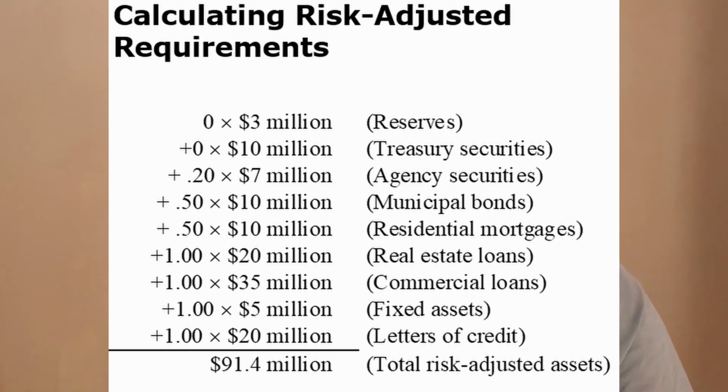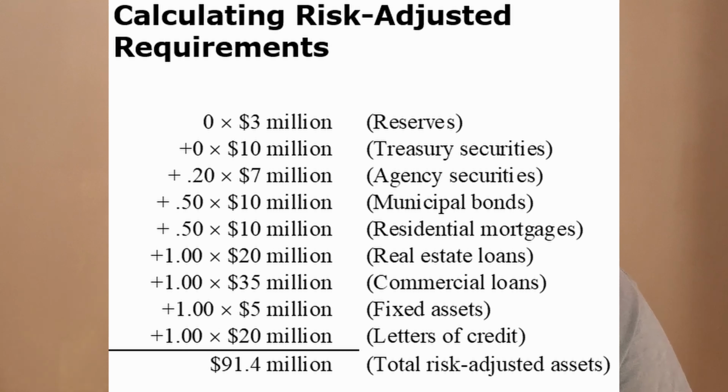As you go lower, like commercial loans, that is 1, so if you have $35 million, you stand to lose probably $35 million. Whenever you do that calculation, you end up with 91.4 million in total risk adjusted assets, and that is the latter part.